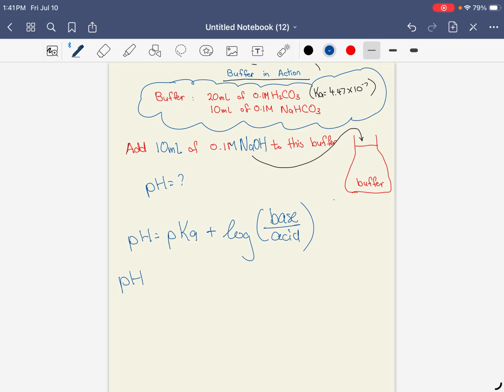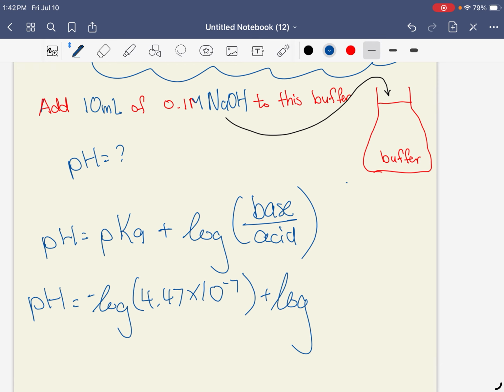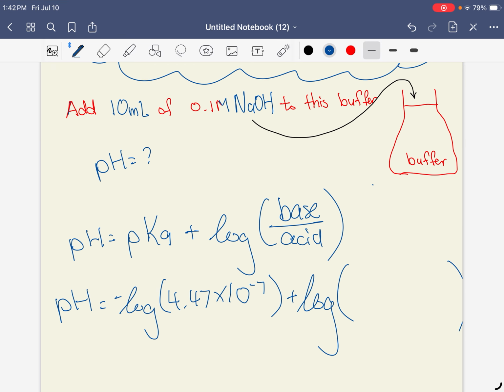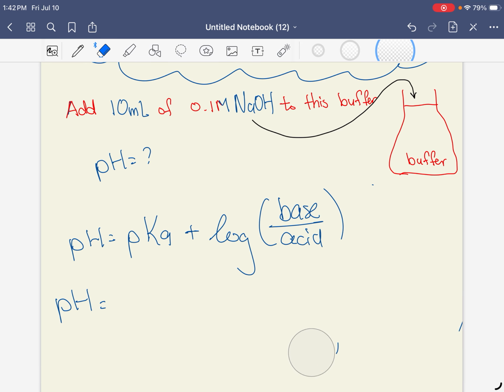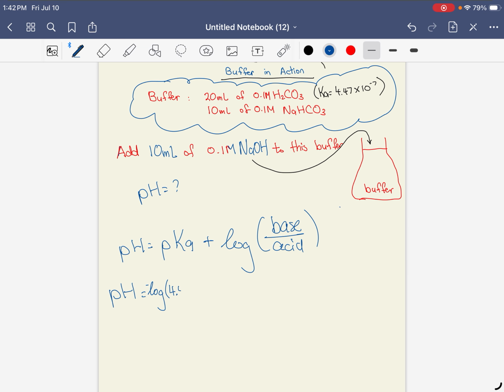So pKa is the negative log, 4.47 times 10 to the power of negative 7, plus log of the base.